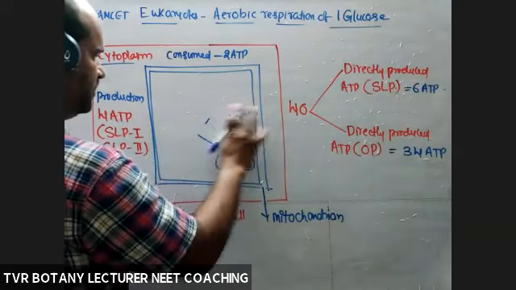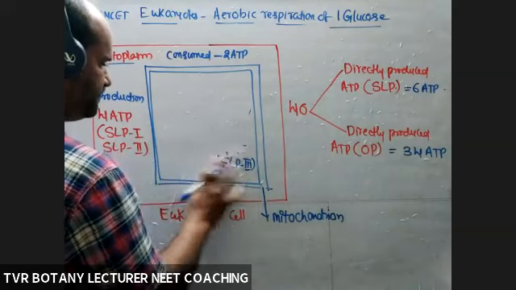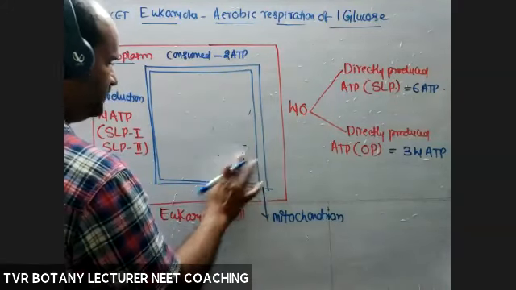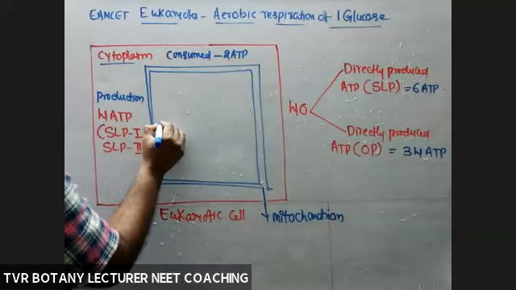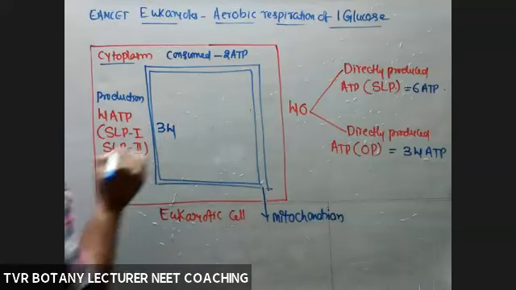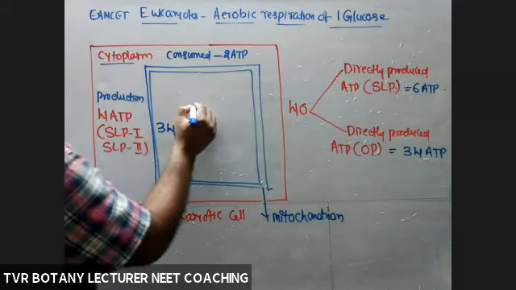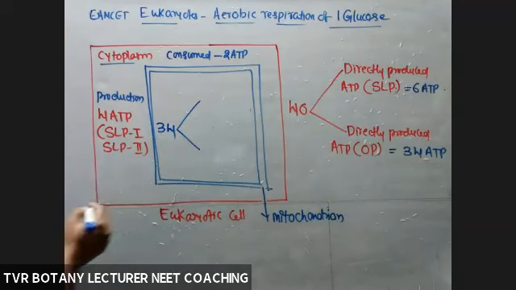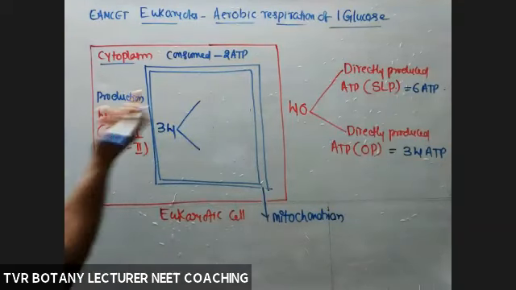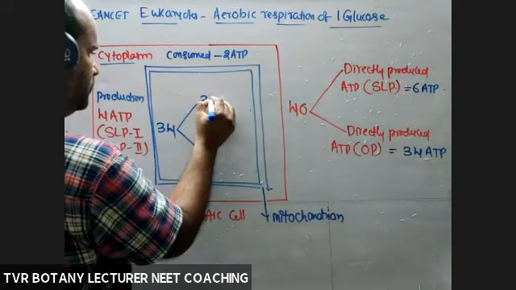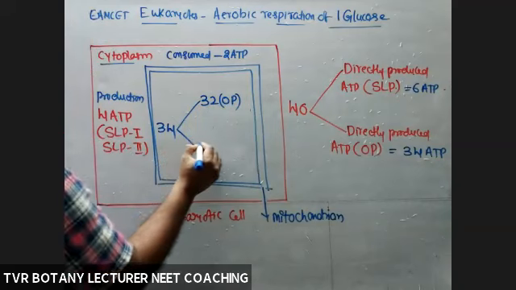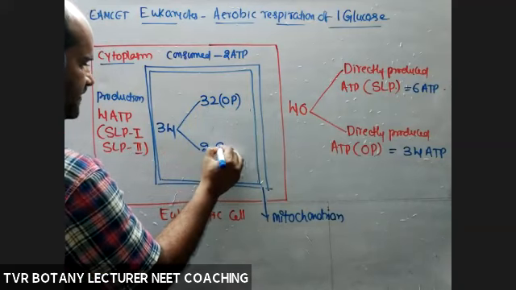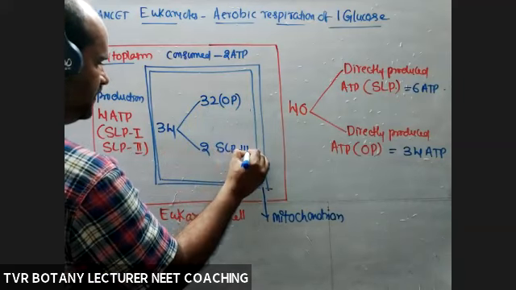What is the change? Here already 4. Here 34 only instead of 36. Out of 34, see, 34 plus 4, 38. So 32 OP based, indirectly produced, and the remaining 2 by SLP 3.